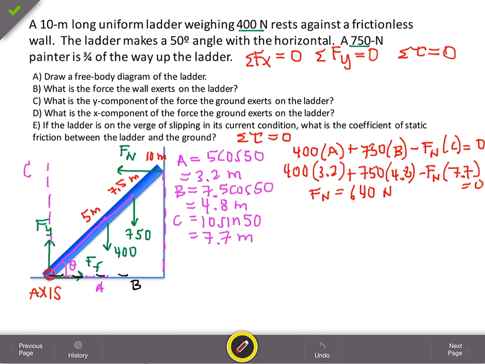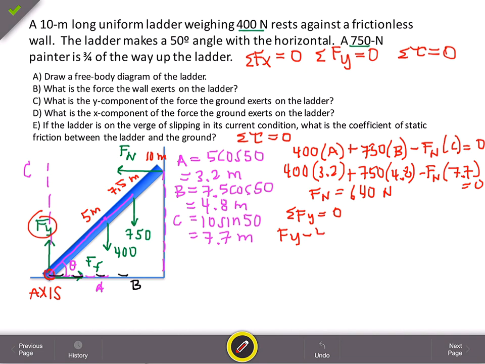What is the y component of the force that the ground exerts on the ladder? That is asking us for our F sub y. Okay, so this is a y direction force. I already did my torque equation. Why not use my equilibrium condition in the y direction? The sum of the forces in the y direction has to equal 0. In the y direction, I have that F sub y force.